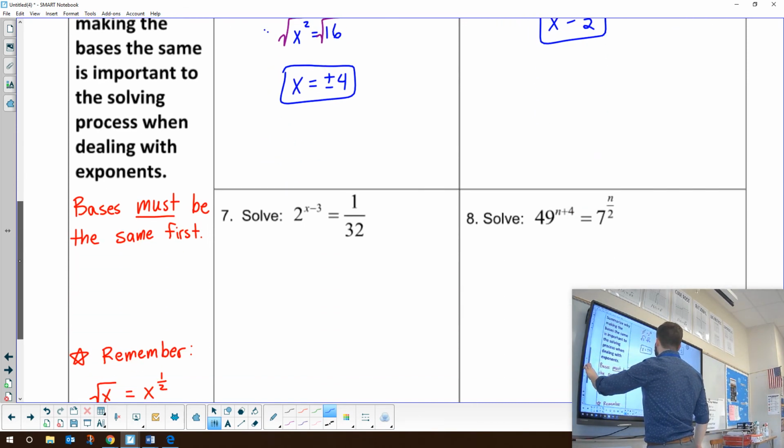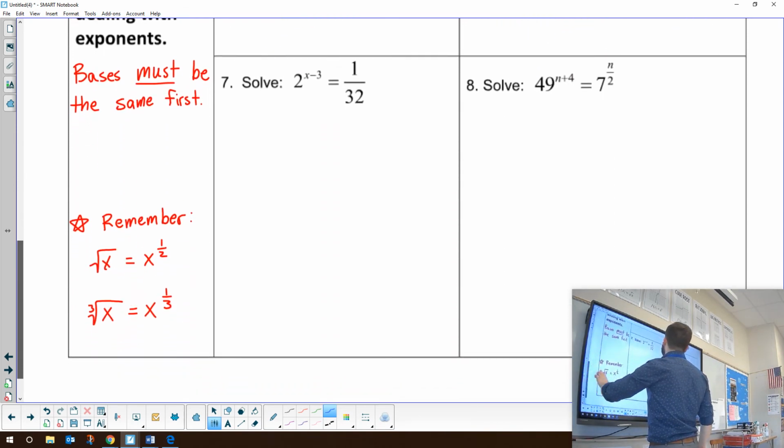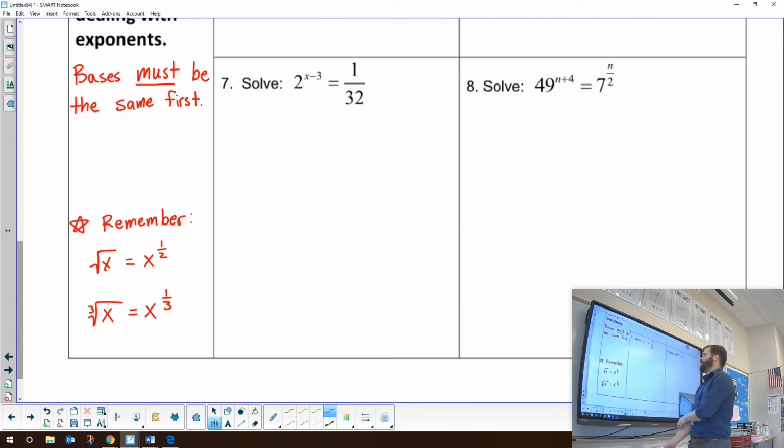Let's look at number 7. So number 7, we have 2 to the x minus 3 equals 1 over 32. Now that 1 over 32, listen, we can rewrite that, just like we did on that front page.